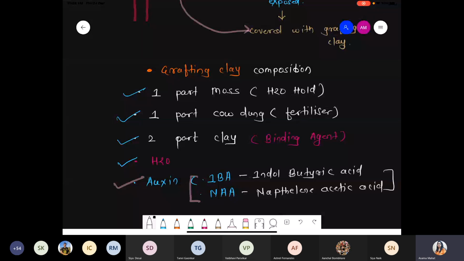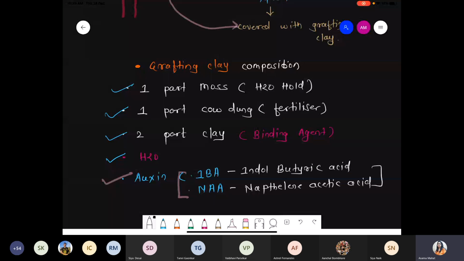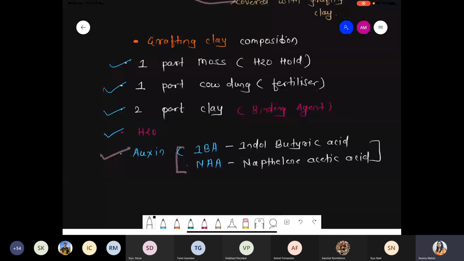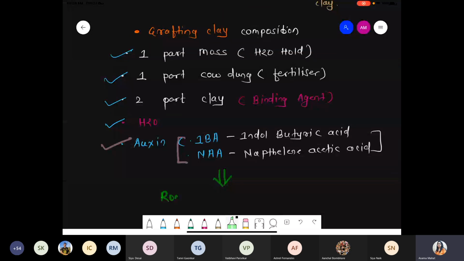And now what happened due to that auxin? Obviously, we are providing moss having good water holding capacity, cow dung, which is a natural fertilizer, clay as a binding agent, water, and the auxin also. So due to all those favorable conditions, in that particular area, root induction can initiate.